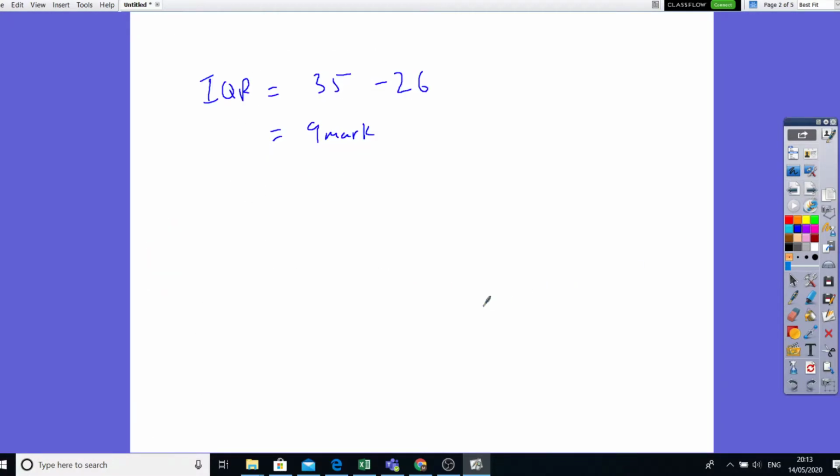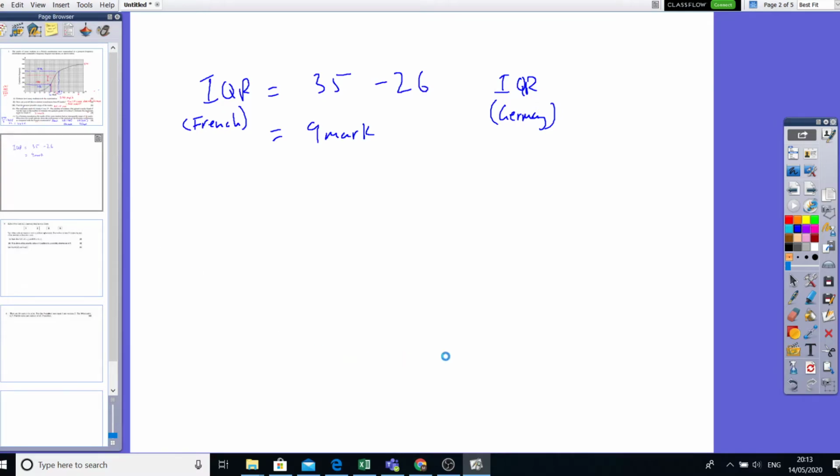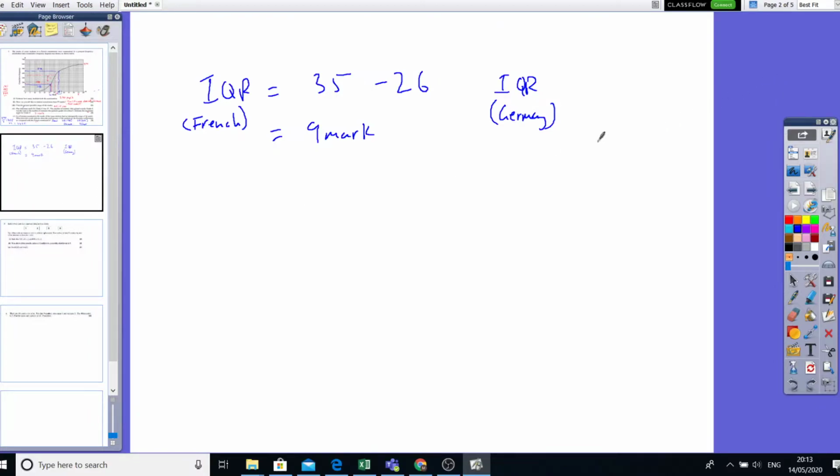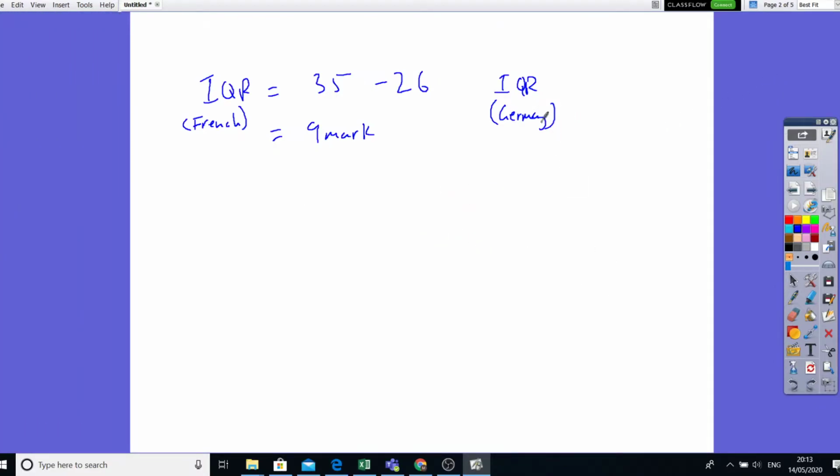So this is the interquartile range for French students and the interquartile range for German students, and that was 16.